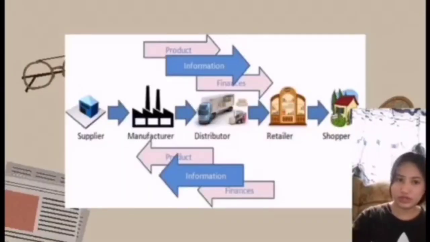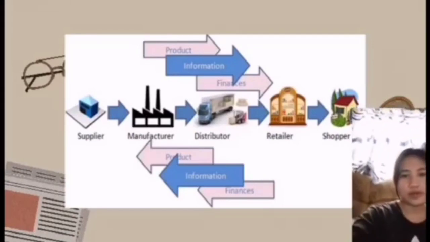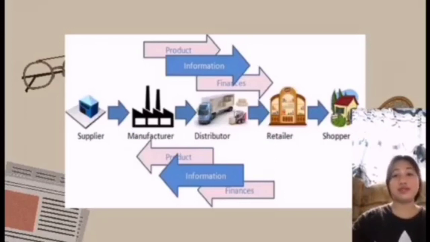In this picture, it has supplier, manufacturer, distributor, retail, and shopper. So that is basically what supply chain management is. We can see the flow of goods, services, and information from the producer to the consumer.